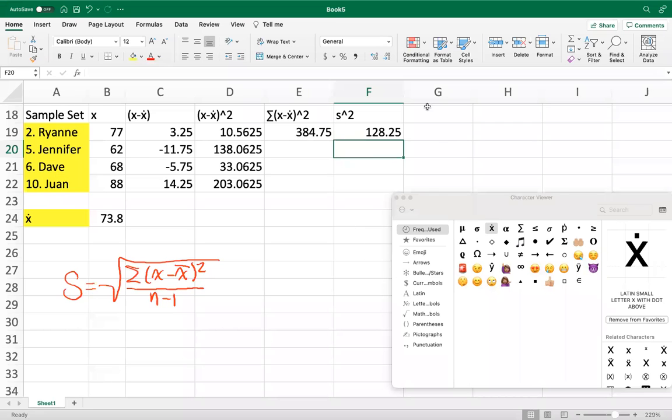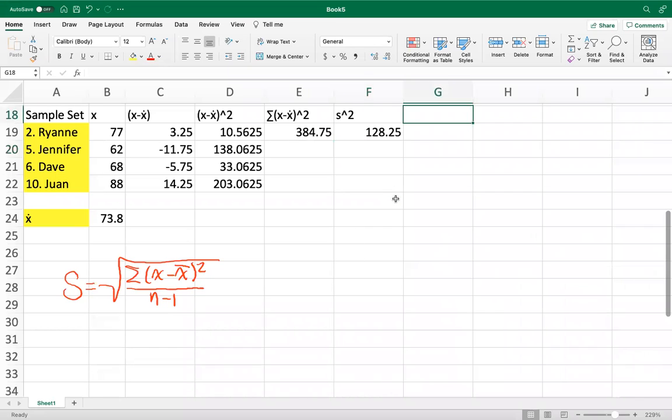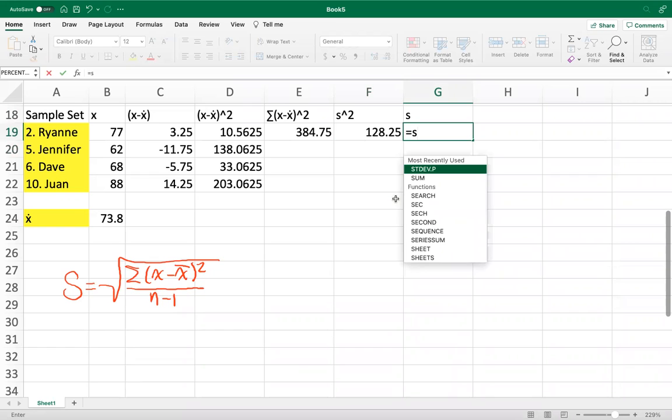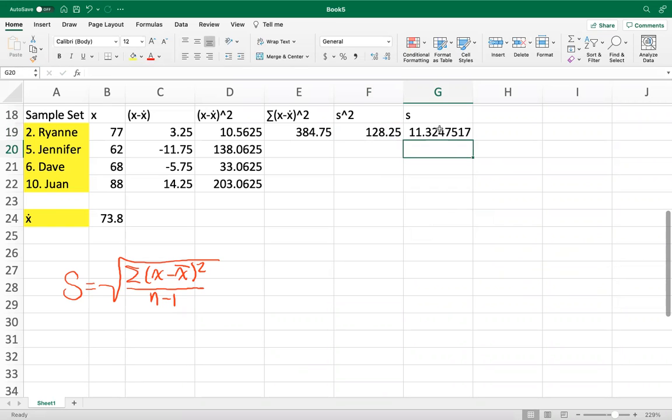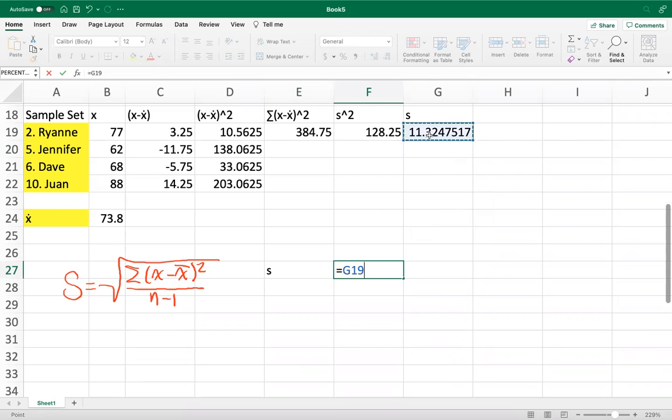Last thing we have to do in order to get s itself is take the square root of the value before it. So equal to sqrt of this value here. And there we go. We have our value s equal to this cell here.